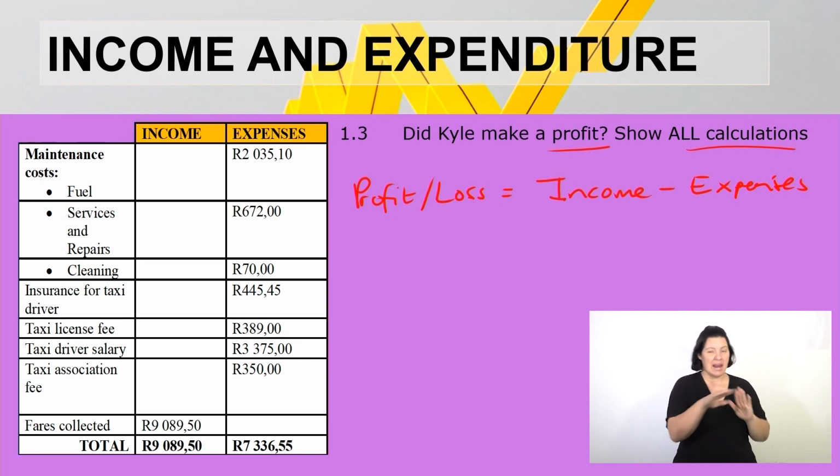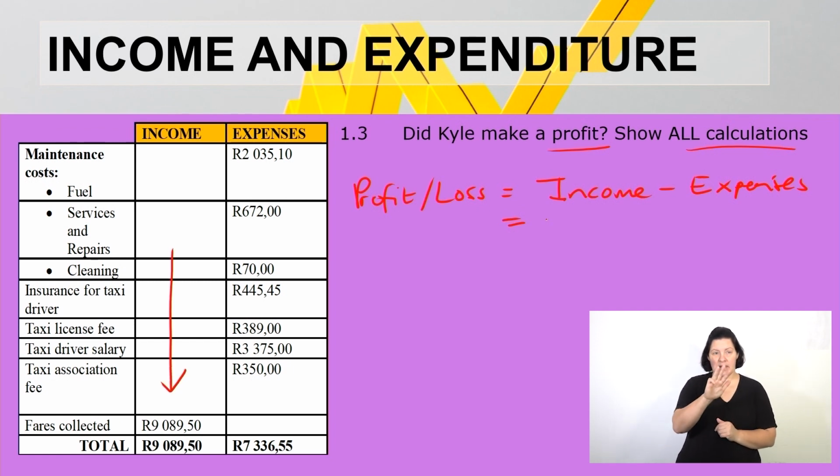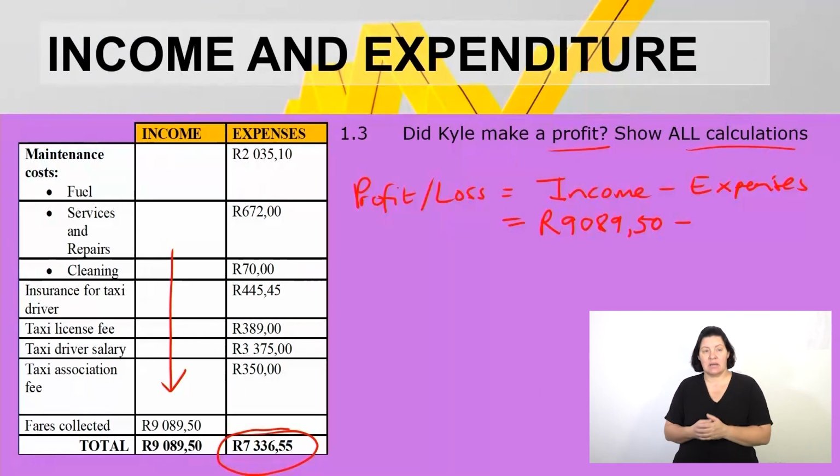In this case, it's already listed, already calculated for us, so we just need to substitute. My income, as I can see here, is 9,089 Rand and 50 cents, minus my expenses. Here, you can see this column represents the expenses, so minus 7,336 Rand and 55 cents. Now let's see what that will amount to.